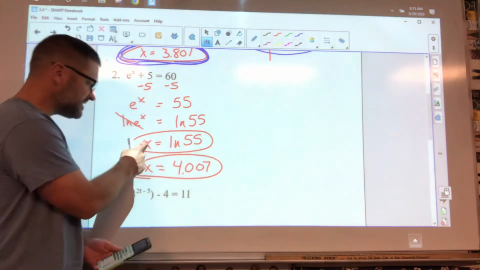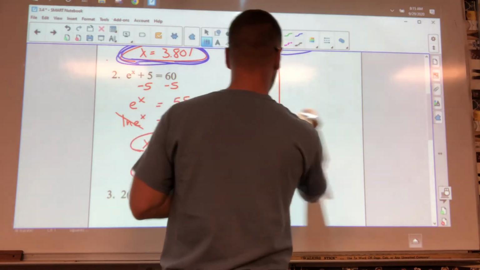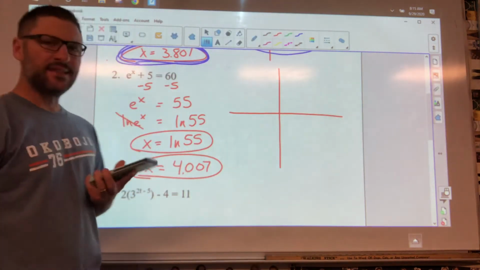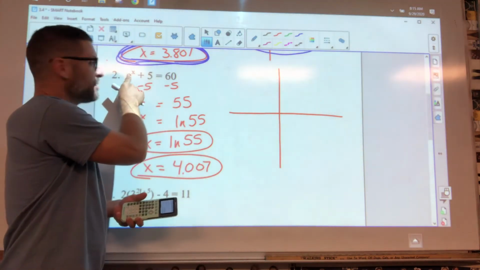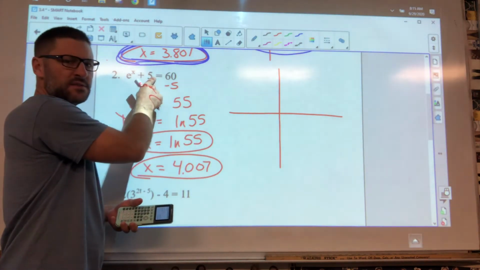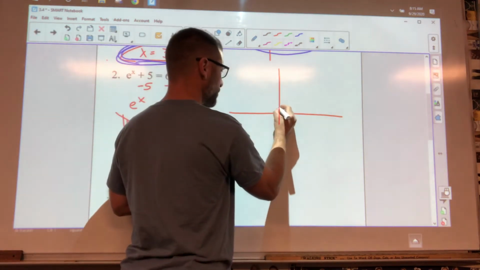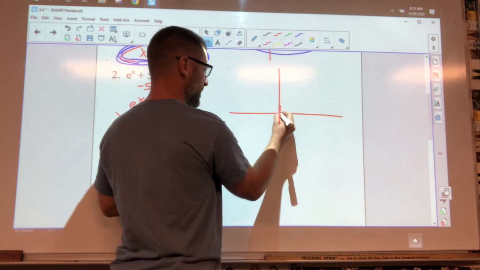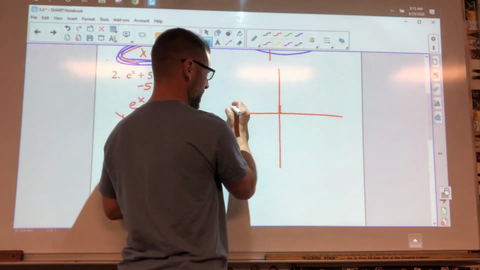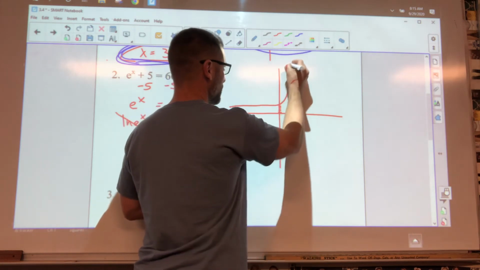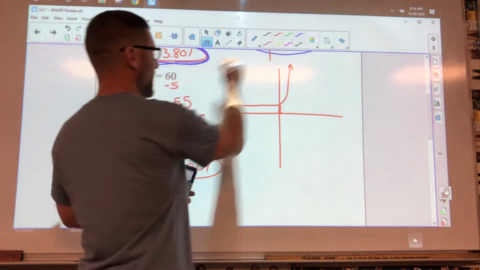Exact answer, decimalized answer, graphic check. e to the x plus 5: e to the x is growth that shifted up 5 units. So this is an exponential growth graph that shifted up 5, 1, 2, 3, 4, 5. The dot went from (0, 1) to (0, 6) with the asymptote at 5. So here's my picture, and then I have this graph here that chugs along at 60.